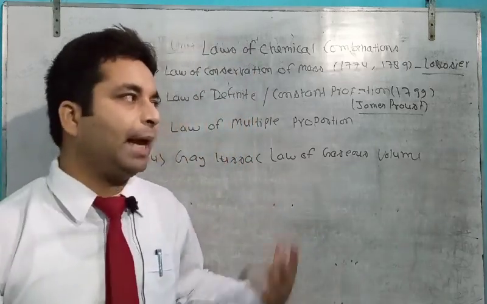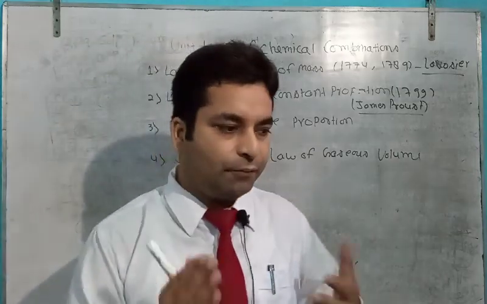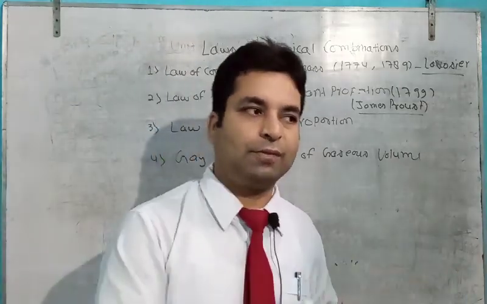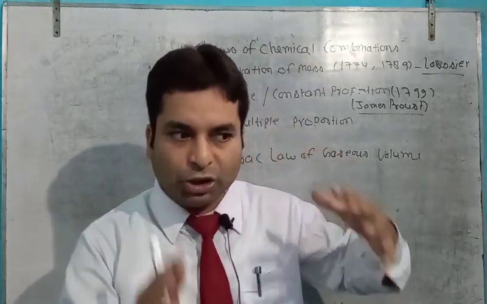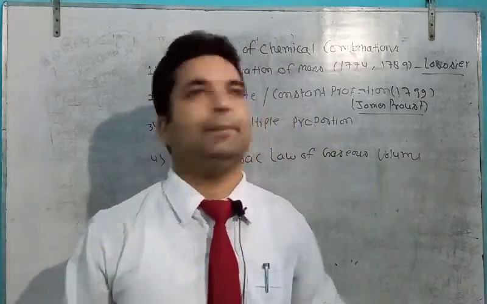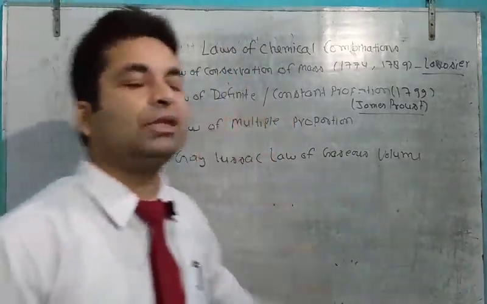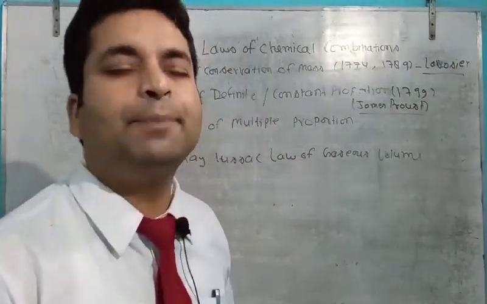If we have a chemical compound, it will not depend on where it is obtained or what its source is. The proportion of the elements in the compound will always be the same, always definite. So this law is called the law of definite proportions or law of constant proportions.